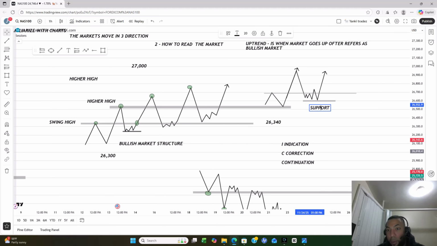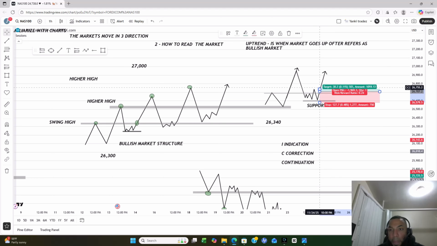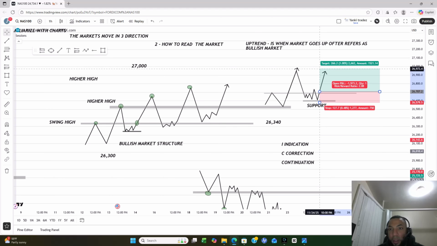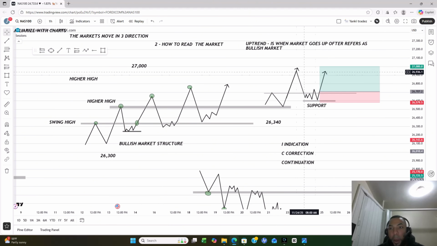And that's what I'm saying. Well, if the market is not trying to go to this level, once it breaks that price over here of 26,700, that's when I'm gonna target 26,000, 27,000. Everybody got stopped out here.